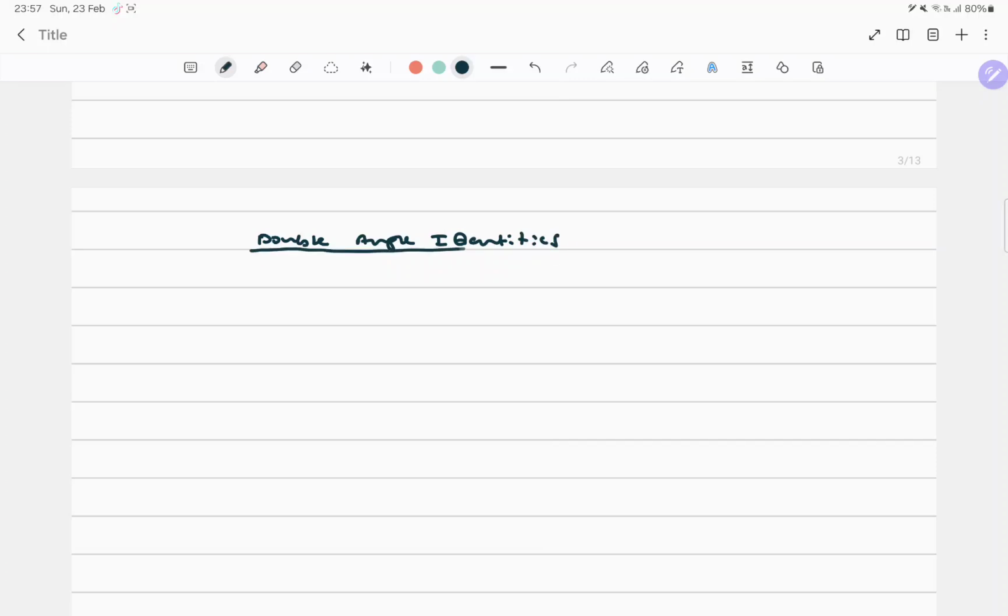Now these double angle identities, guys, are nothing but compound angle identities, where the 2 angles are actually equal. So this one is easy. The first one is going to be cos 2x, for example, or maybe let's say 2 theta. Theta is much nicer. Cos 2 theta is going to be the same as cos of theta plus theta, right?